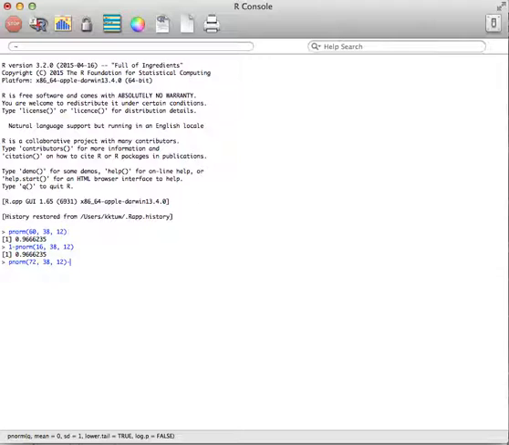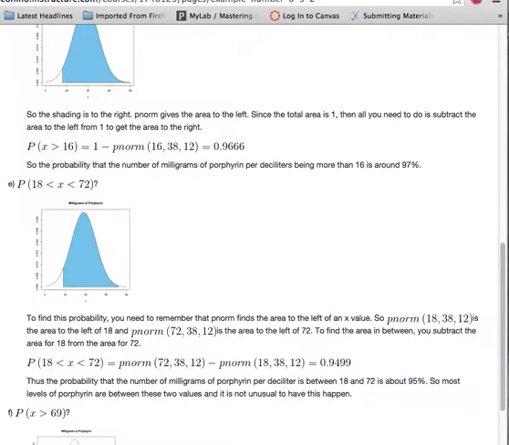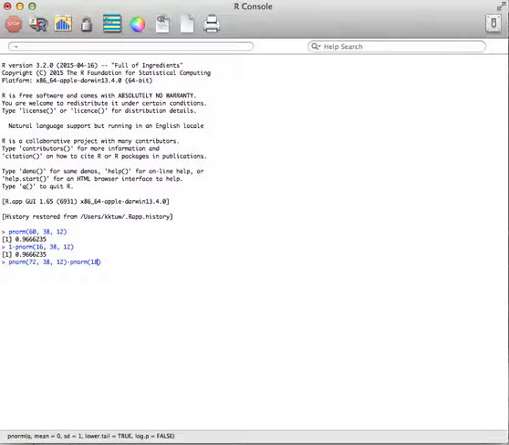We want to subtract off the smaller part. So we do p norm, and the smaller part shading was 18 on down. So we put in 18, 38, and 12. And there's your probability of being between 18 and 72.